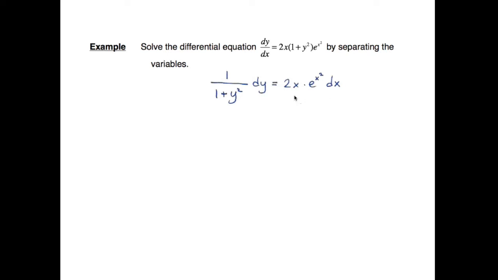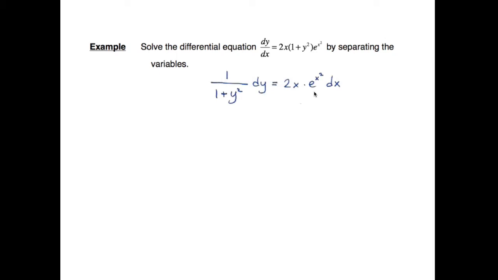And these two expressions are actually not too hard to integrate. You might not remember this one, but the integral of 1 over 1 plus y squared is actually the inverse tangent. And here, 2x times e to the x squared, you might recognize that it's actually the derivative of e to the x squared.